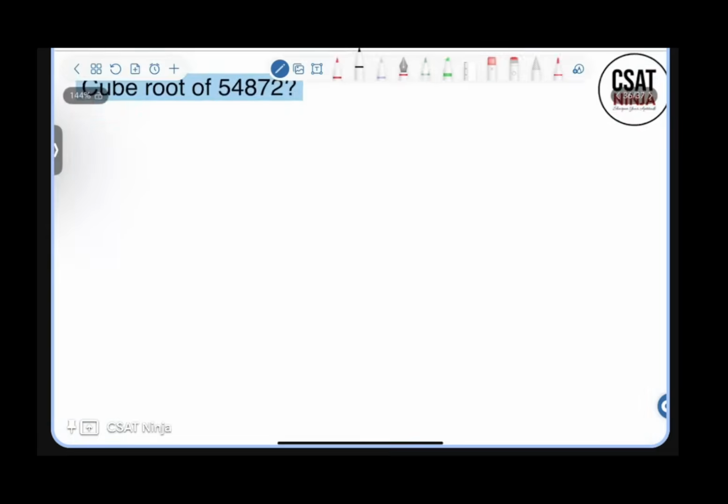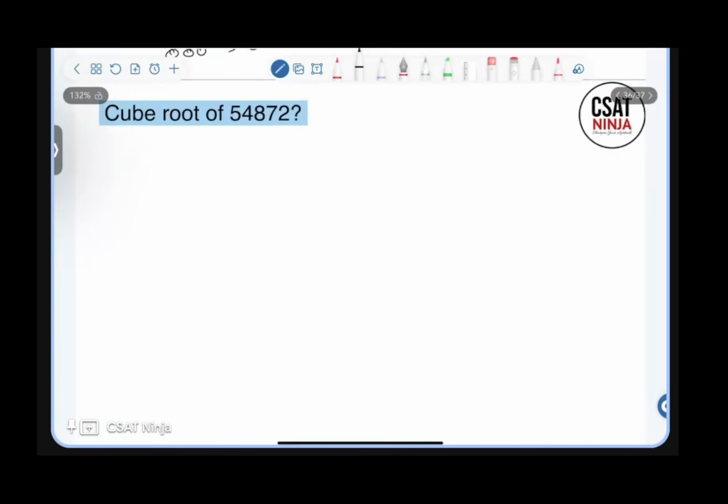Can you try this question here? Cube root of 54872. Give it a try. Since it is ending by 2, the number will be ending by 8.